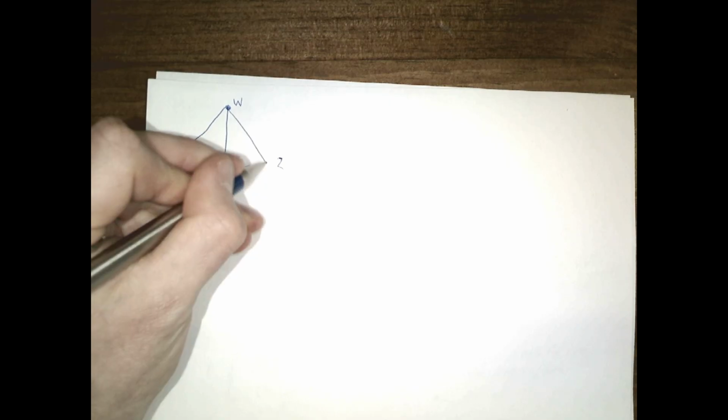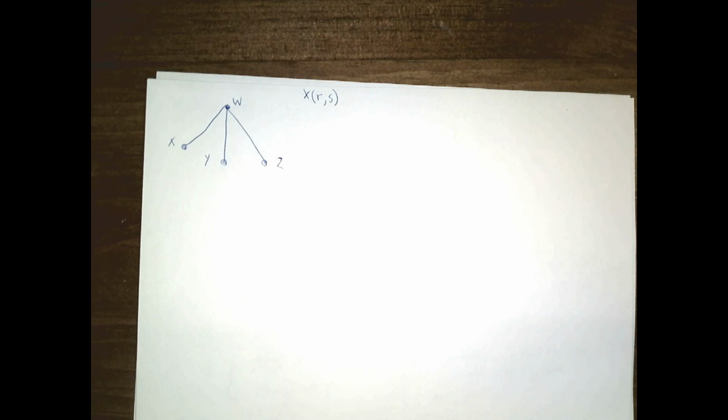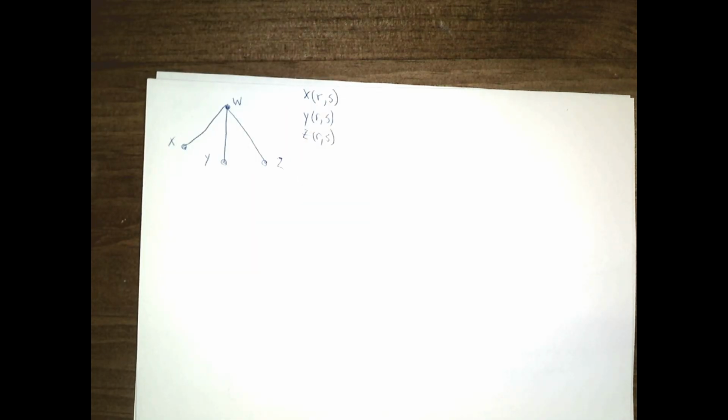If we start at w, here's x, here's y, here's z. And now we're going to say that x depends on 2 variables itself, r and s, and y and z do the same.